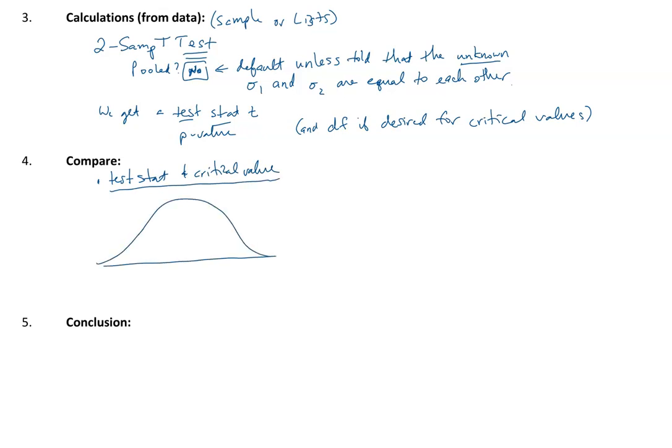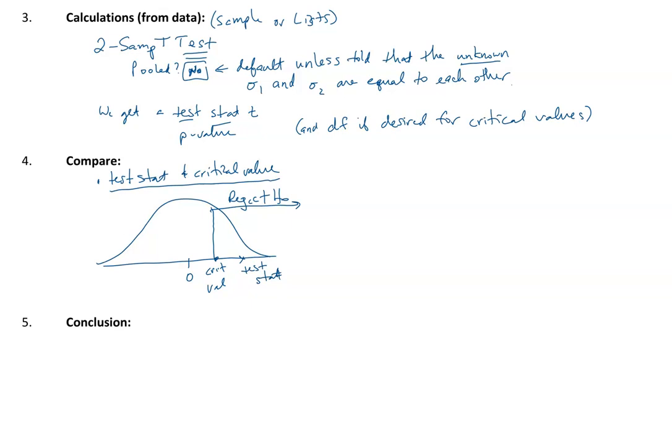I'll maybe just draw a right-tailed test. So wherever your critical value is, that creates a reject the null zone. And then where's the test statistic? You'll see where it lands in relation to that. This is just an arbitrary picture here.